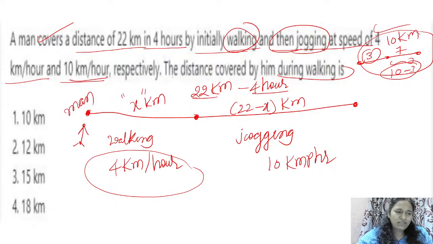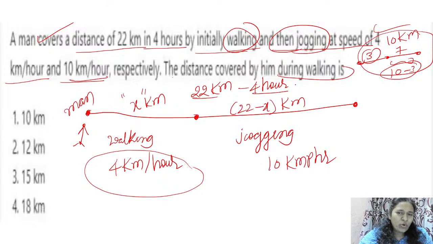That's the same concept. Here we don't know the walking distance, that's why we consider it as x kilometers. Then the jogging distance is the total distance minus x kilometers.